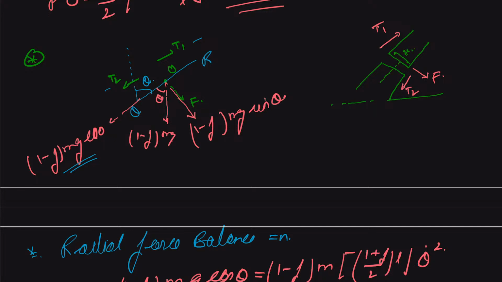Therefore from the midpoint the distance will be r and r. So there are two forces and the perpendicular distance with respect to the axis is r.